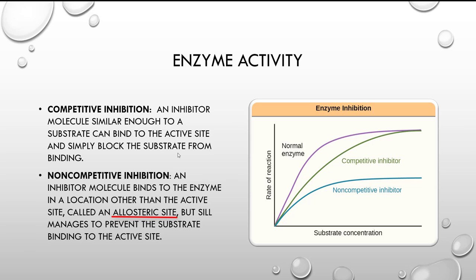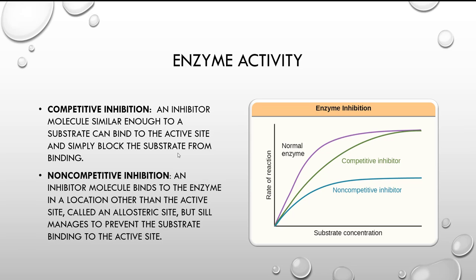Where that molecule has bound to the enzyme, that new site is called an allosteric site. Okay, so that allosteric site affects the enzyme in the sense that it has changed the active site, preventing the substrate from binding to it. So it's non-competitive because it's not actually sitting on the active site, but it's changed the site enough that the substrate can't bind to it anymore.